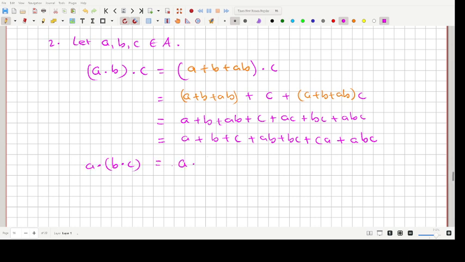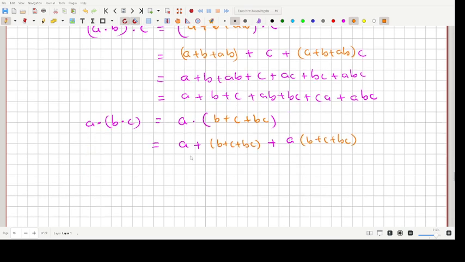So this is a dot, b dot c would be b plus c plus bc, correct? And then this entire thing would look as follows. So a plus, now we have got b plus c plus bc to be an element of capital A because A is closed, right? So this would be a plus b plus c plus bc, and then plus a multiplied by the second element, that is b plus c plus bc, right?